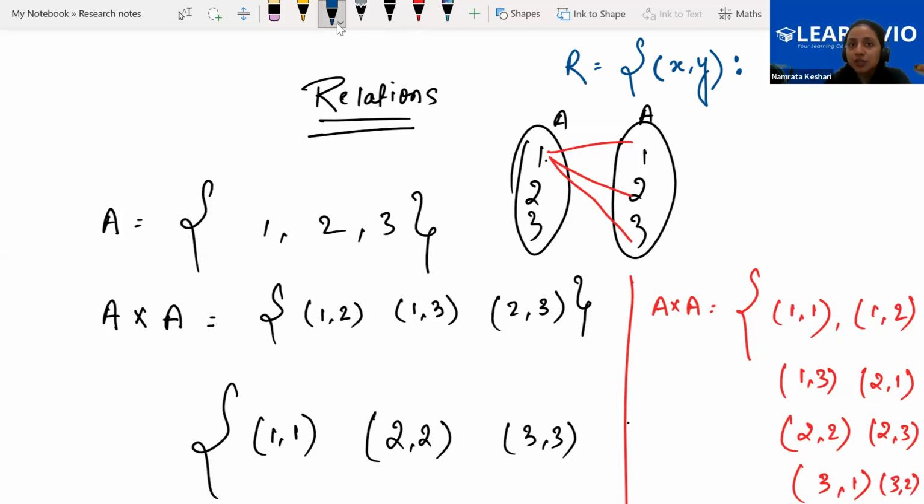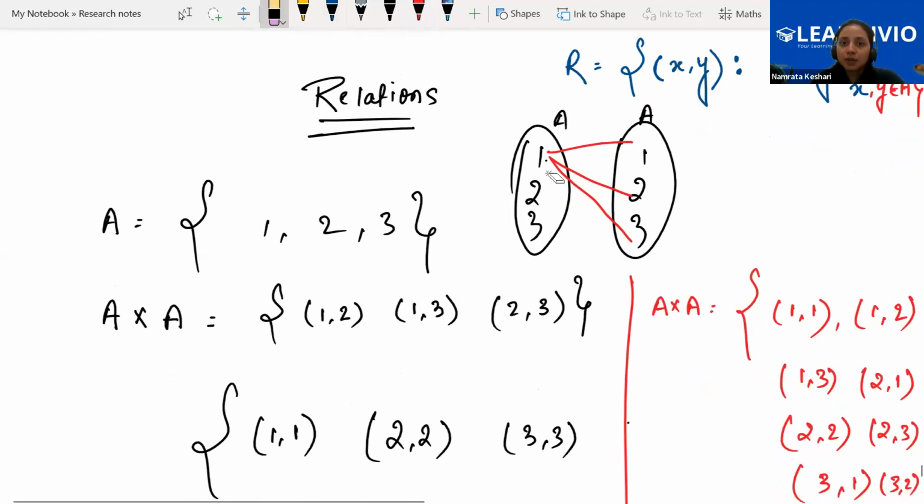I am trying to generate a question. Let me write it. Okay, here this is the Cartesian product.